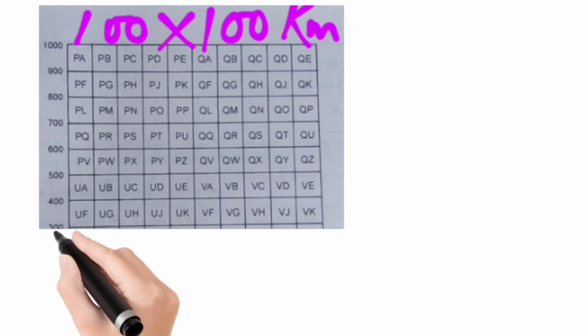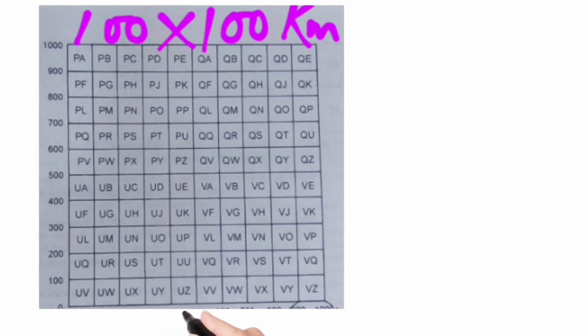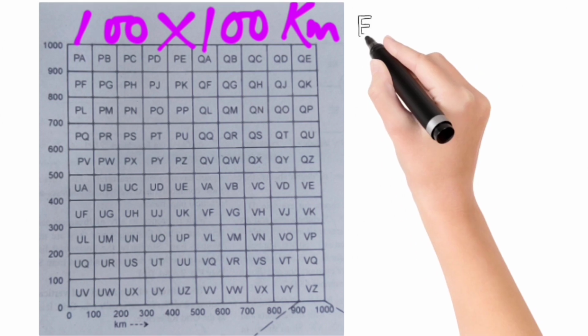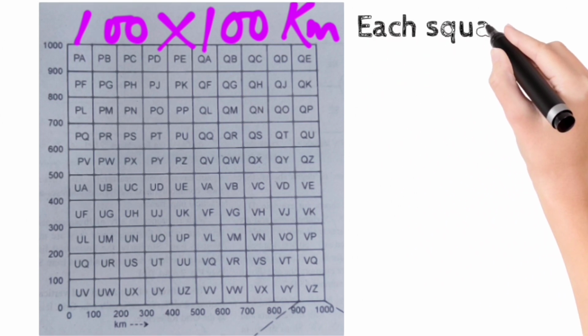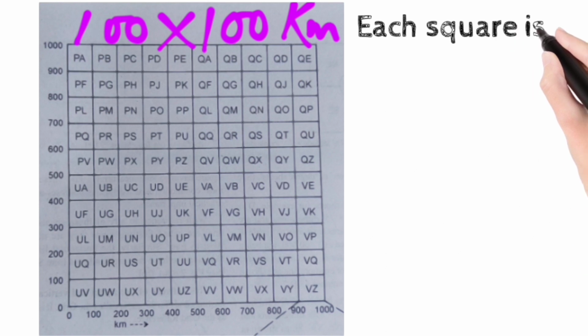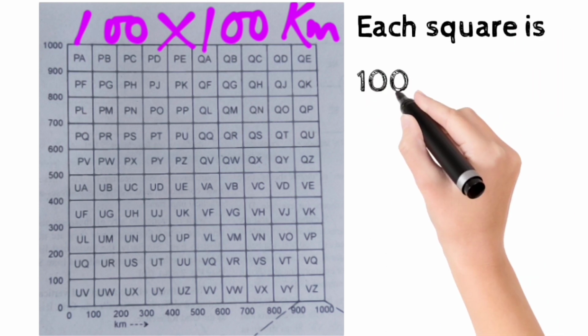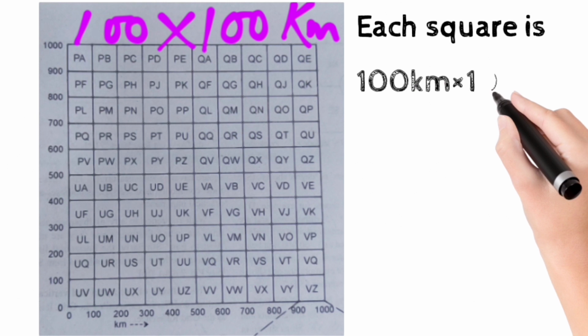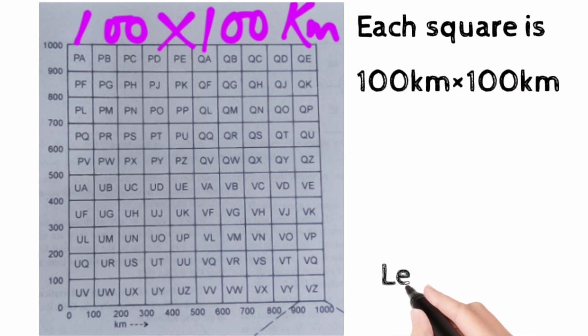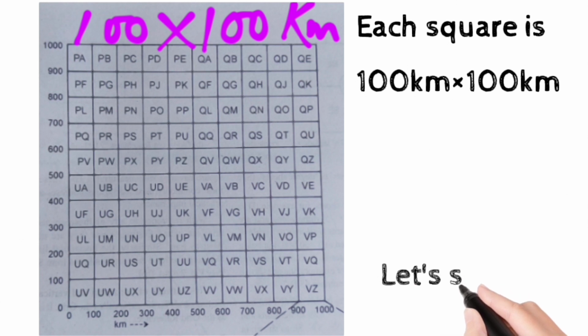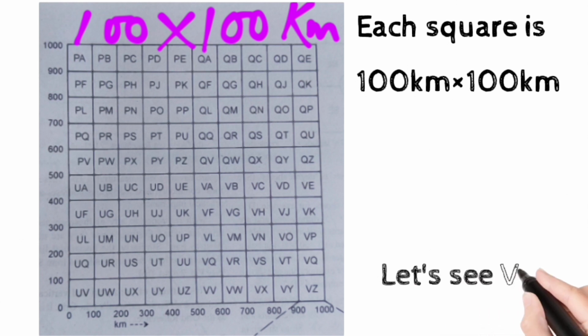So here you can see this big whole square of 10 lakh square kilometer is divided into small squares with English letters, and each of these uniformly divided squares has an area of 10,000 square kilometer, that is 100 kilometer into 100 kilometer.